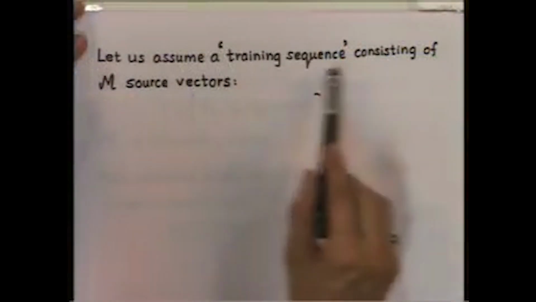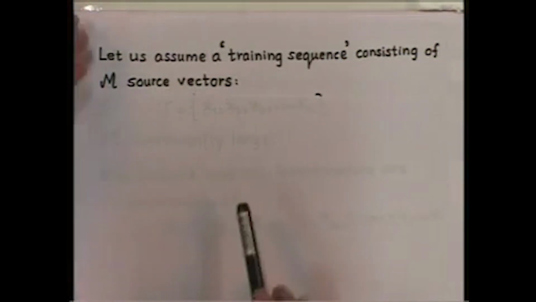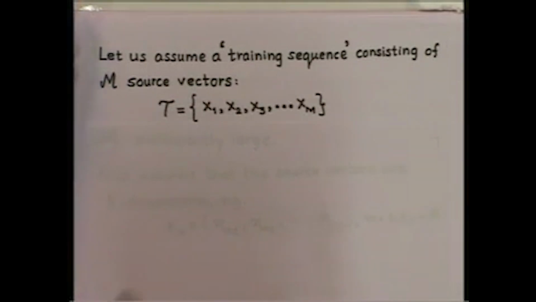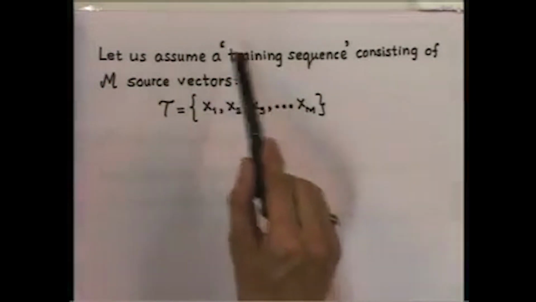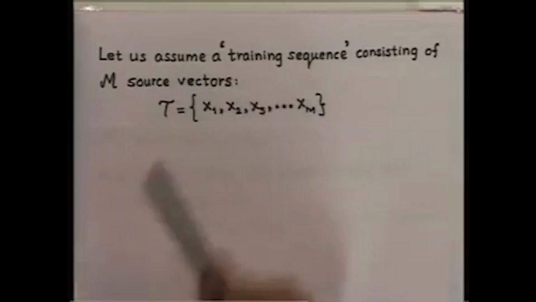So, let us assume a training sequence consisting of M source vectors as follows.